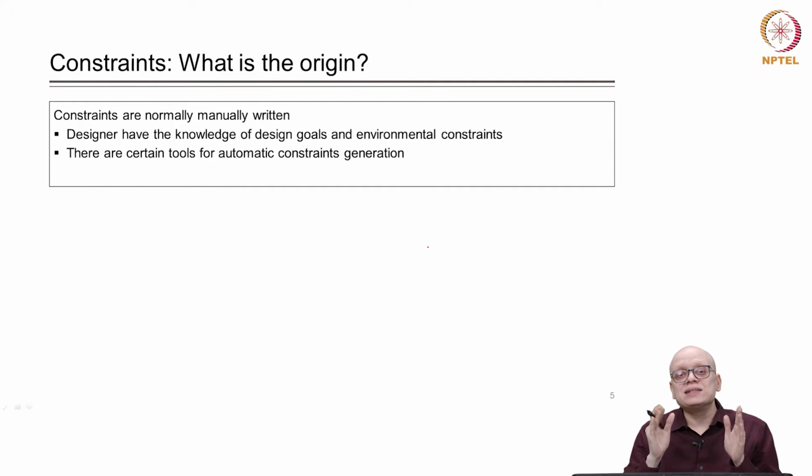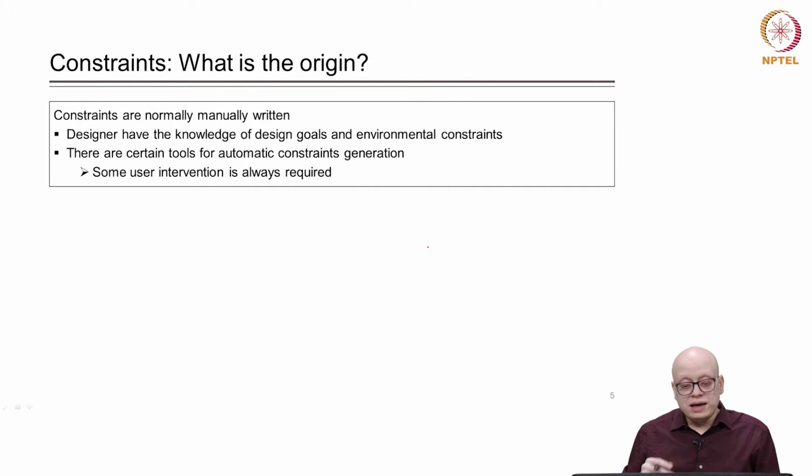The template has the commands, but the exact information the command will take has to be filled in by the designer. So even though there are some automatic constraint generation tools, some user intervention is always required. For example, what is the targeted clock frequency? The tool cannot derive it on its own.